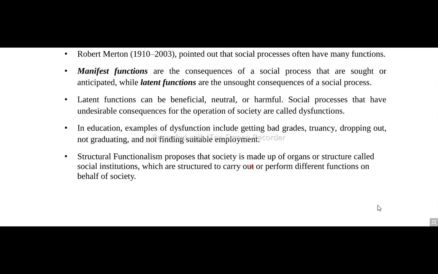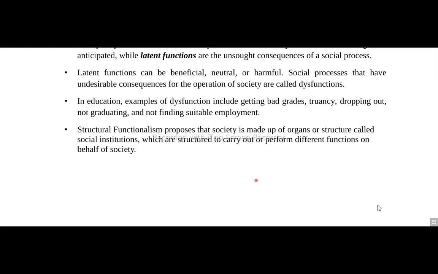Structural functionalism proposes that society is made up of organs or structures called social institutions, which are structured to carry out or perform different functions on behalf of society.